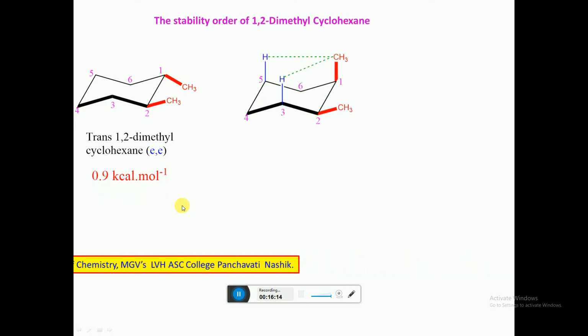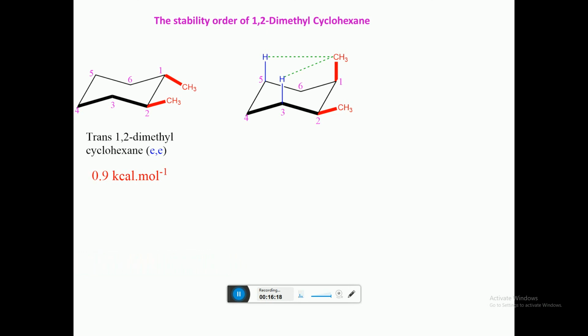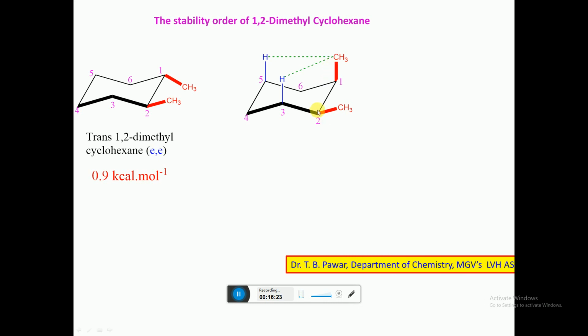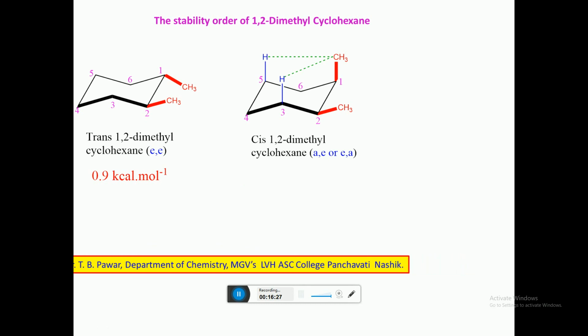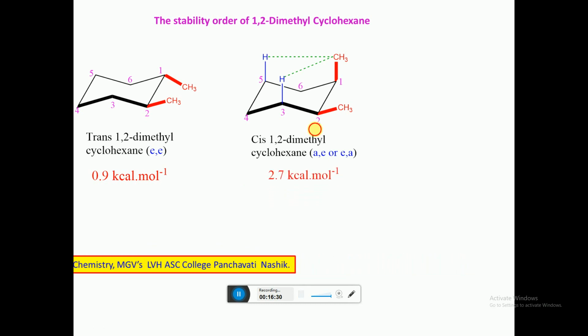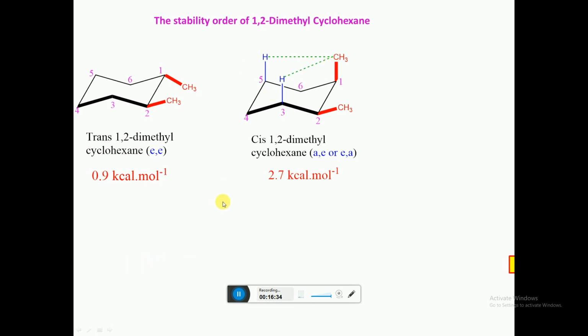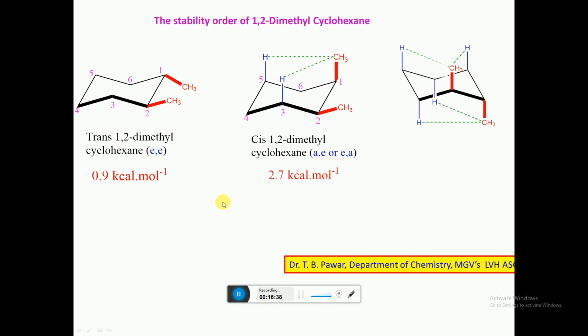For the other isomer, the cis isomer, either axial-equatorial or equatorial-axial, there are 3 gauche interactions as we discussed in the earlier slide, and the total energy becomes 2.7 kilocalorie per mole.